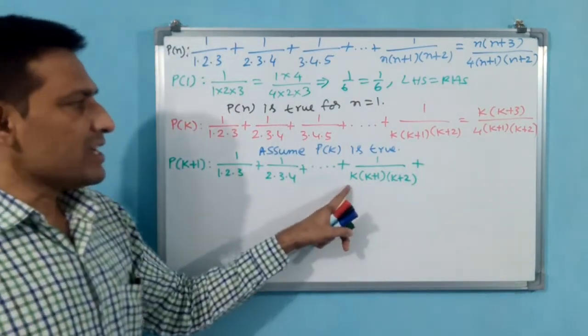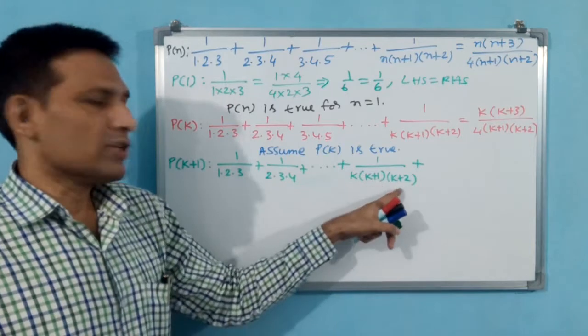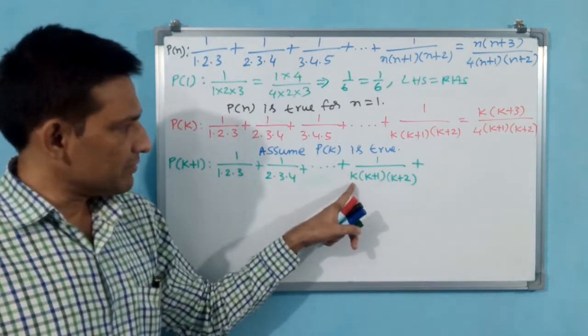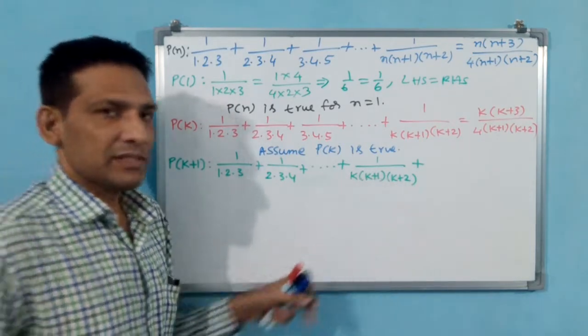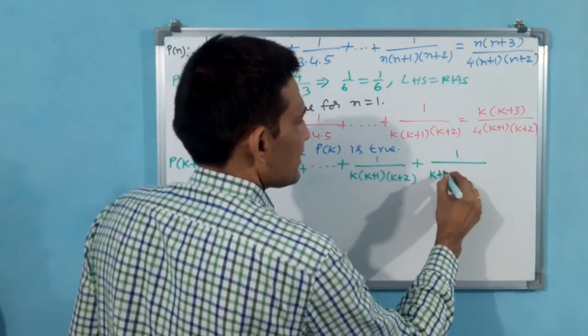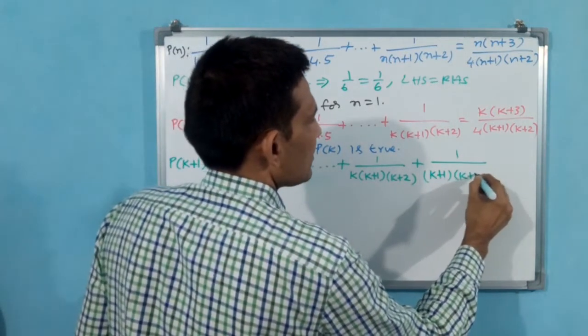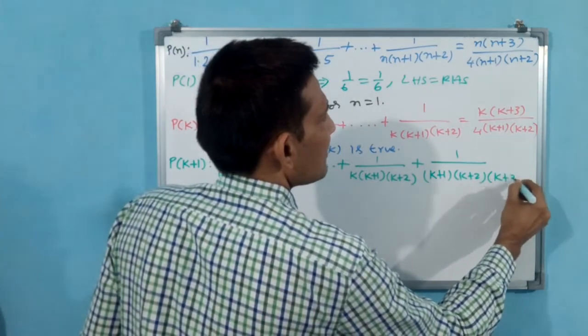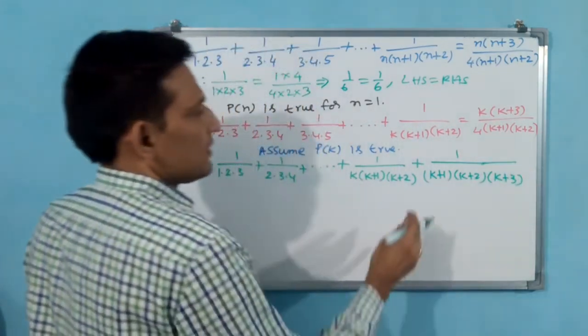See, wherever k is there, k plus 1, k plus 2, k plus 3 you have to write. Here k plus 1 will come, k plus 2 will come, k plus 3 will come. Is it okay? This is okay.